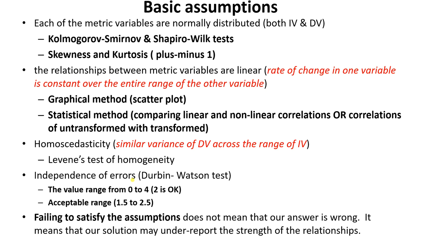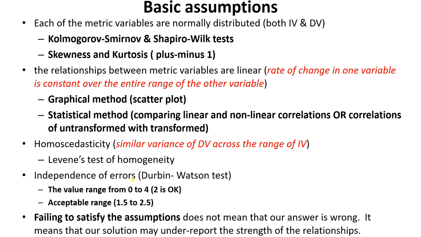Sometimes I have seen my students asking that if assumptions are not met, sir, then we cannot do the computation. So I would like to make it clear that failing to satisfy an assumption does not mean that our answer is wrong. We can do the computation, but it means that the solution may not be reporting the actual relationship, the actual strength.